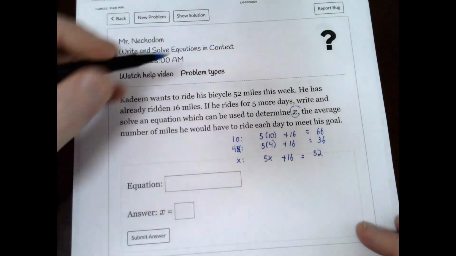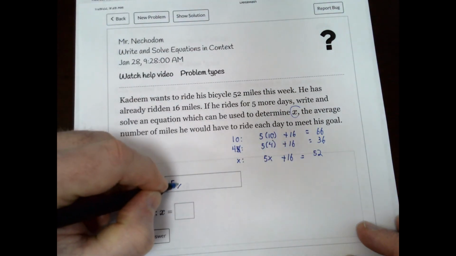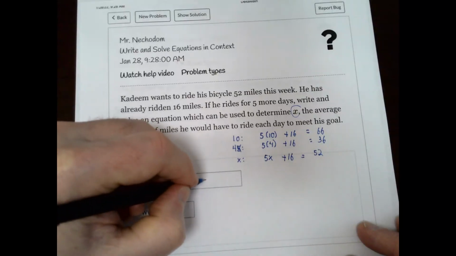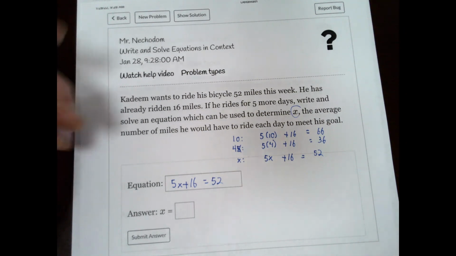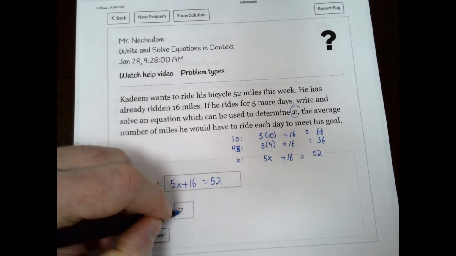So now we've got our equation: 5x plus 16 equals 52. When you solve that, 52 minus 16, and then divide by 5, you get 7.2 miles per day.